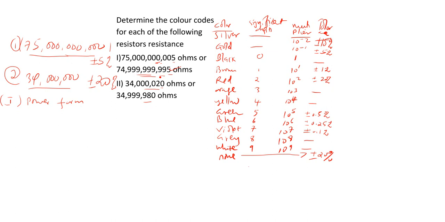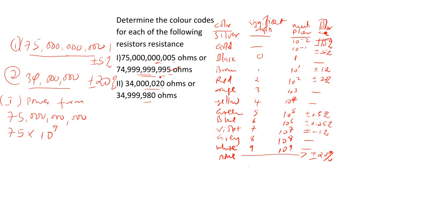So when you consider 75 with 9 zeros, and we change to power form, you'll find that we have a 75. So don't put a decimal point in between 7 and 5, because we work with the digits, full digits. So 75 times these zeros will form a 10 power 9.